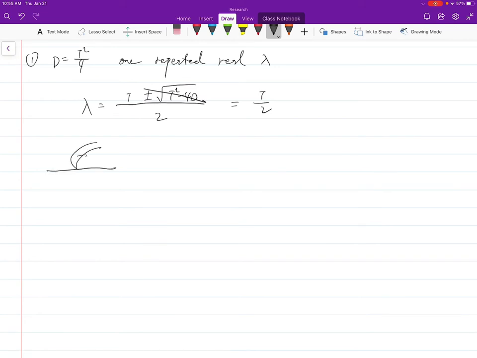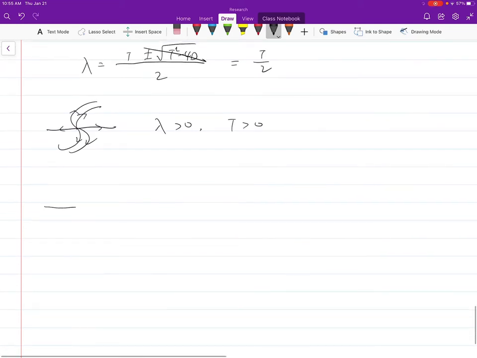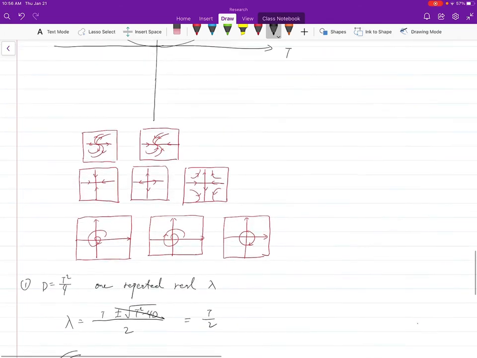Well, for this one, I require lambda to be bigger than 0. But then, it's the same as requiring t to be bigger than 0. Okay. For this one, I require lambda to be smaller than 0. Then it's the same as requiring t to be less than 0. Okay, so it's settled.